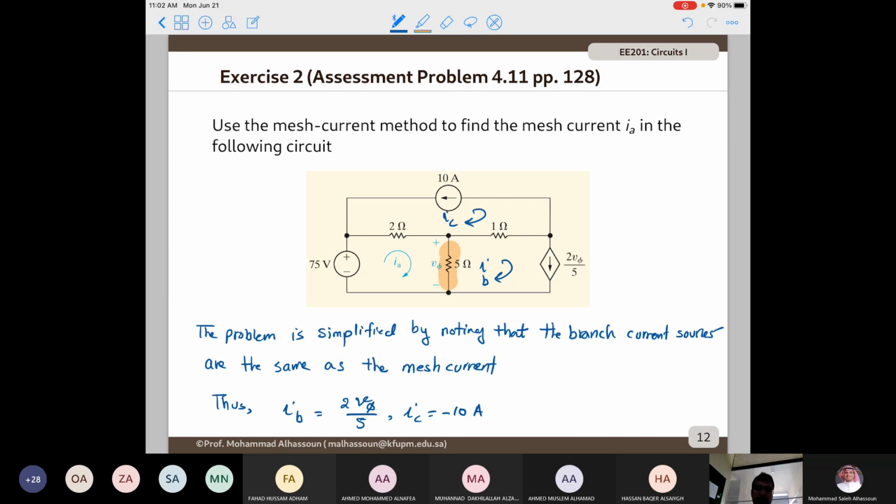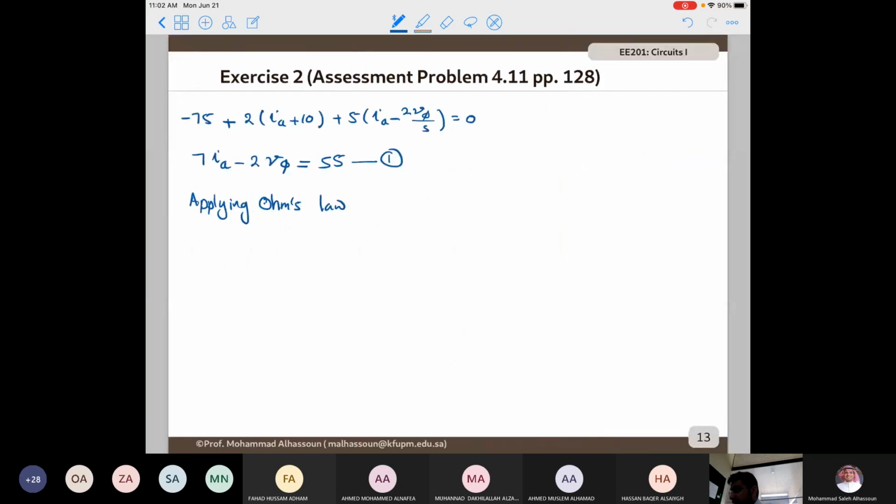We know IB, which is 2VP divided by 5. So it's going to be VP equals IA minus 2VP divided by 5, multiplied by 5. And this gives me VP equals 5 IA minus 2 VP.